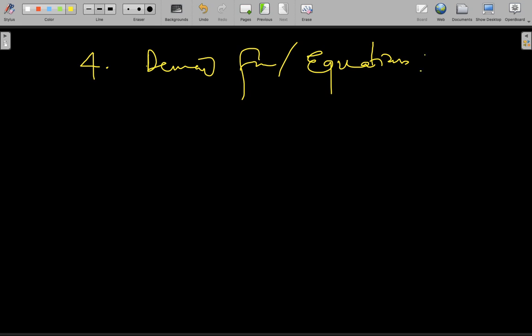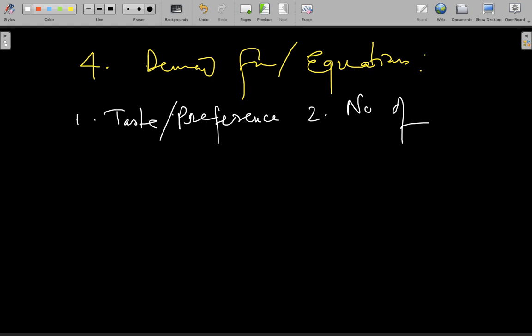Those external variables are, for example, taste or preference. These are all basic microeconomics. Taste or preference are factors which shift the demand curve. Then the number of consumers. If I have more customers, the demand curve will shift to the right.